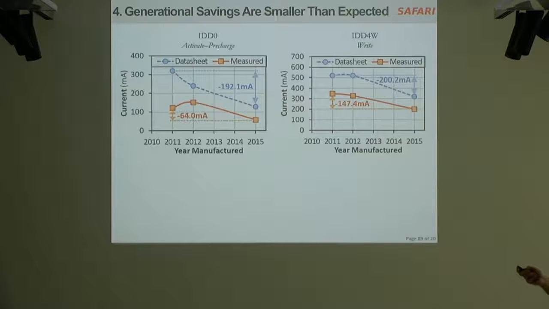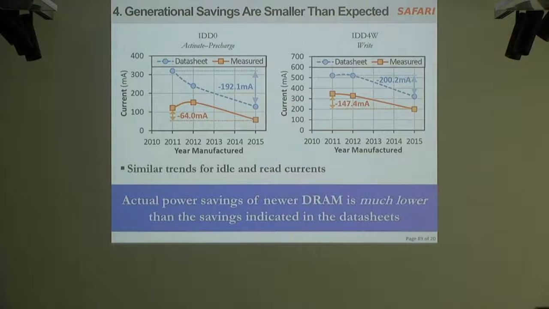So this is activate precharge power, IDD0, that current. You can see that the expected decrease is really 192 milliamps, but we see an increase actually over here and a decrease. And these are based on many, many measurements. Of course, we cannot explain exactly why this is happening. You can only say that this is happening, and that's happening across many data points that we see. So basically, the takeaway is actual power savings of newer DRAM is much lower than the savings indicated in the data sheets, which is interesting.